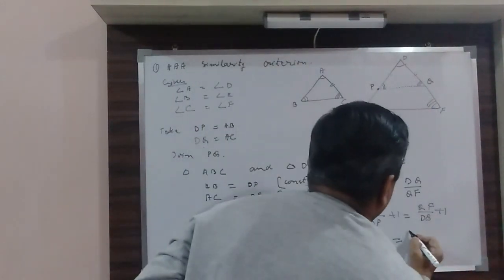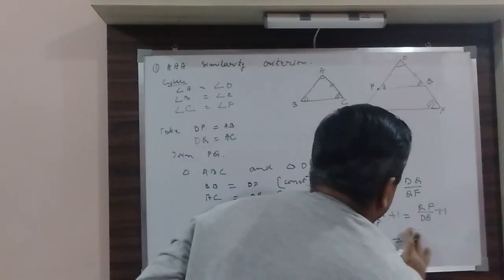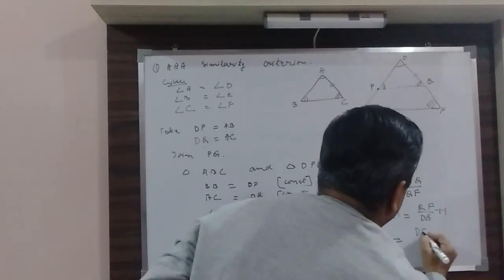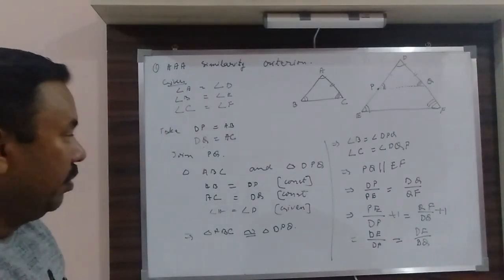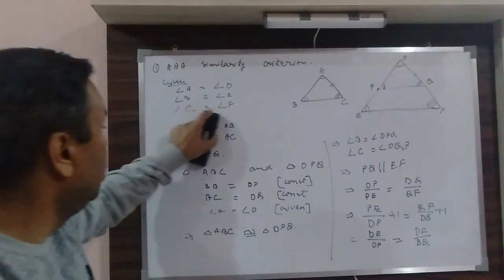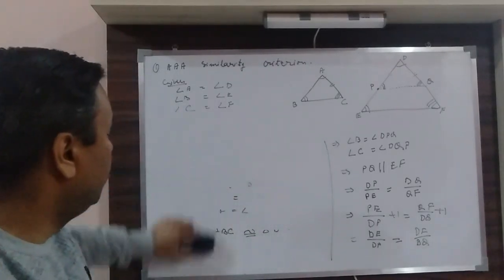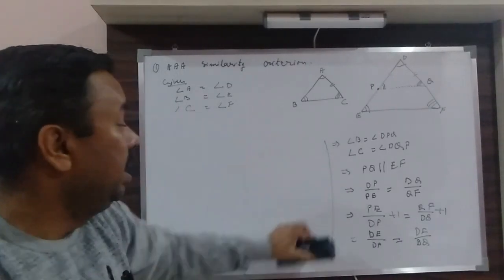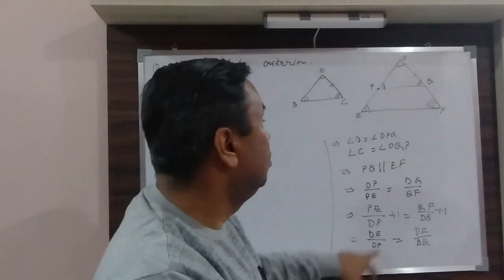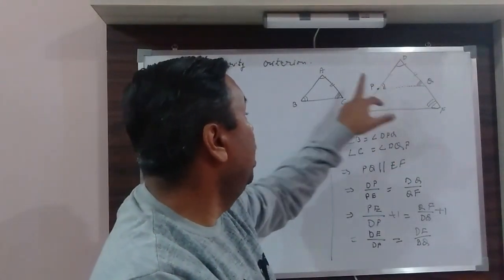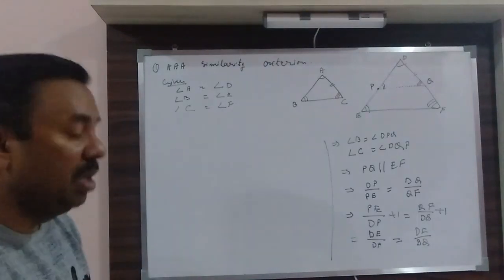So it will be DF over DQ. But what is DP? DP is actually AB as per my construction.